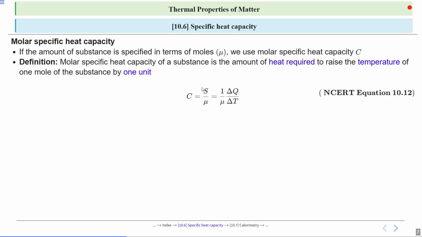So C, the molar specific heat capacity, is equal to S divided by mu. We know the value of S, that is delta Q divided by delta T. Just put it here. So C is equal to 1 by mu into delta Q divided by delta T. Amount of heat required is delta Q to raise the temperature of 1 mole of substance by 1 unit.